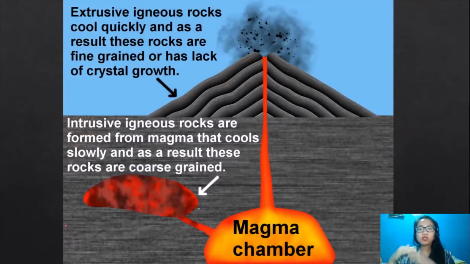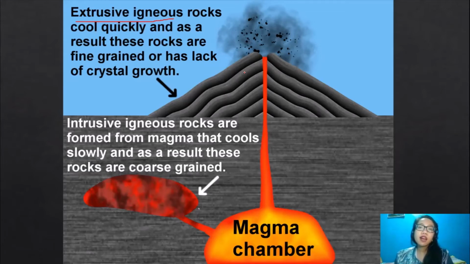Okay, so just to differentiate the formation of the two, again, extrusive igneous rocks form either from volcanic eruptions or other similar volcanic activity. So magma now reaching the surface turns into lava, and once that cools down, that creates your extrusive igneous rocks.